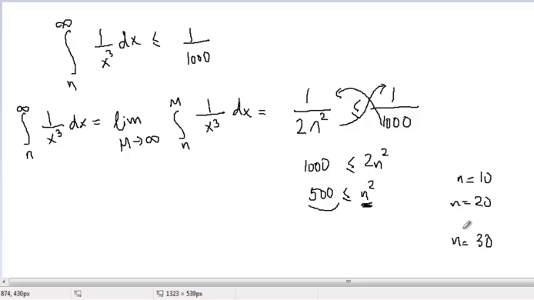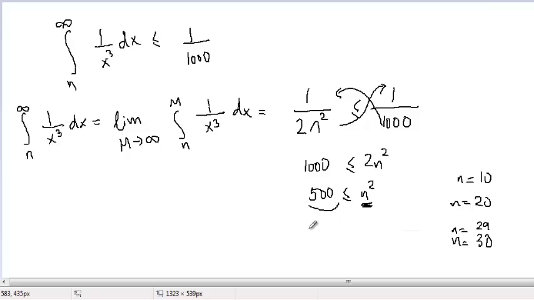But here the problem is this: when I choose n equals 30, I get this inequality, but maybe a smaller value of n would work. For example, 29 will work as well, right? 29 squared will be more than 500. So it is our goal to choose the smallest n that will give me this inequality. So it will be something definitely bigger than 20 and probably something less than 29.